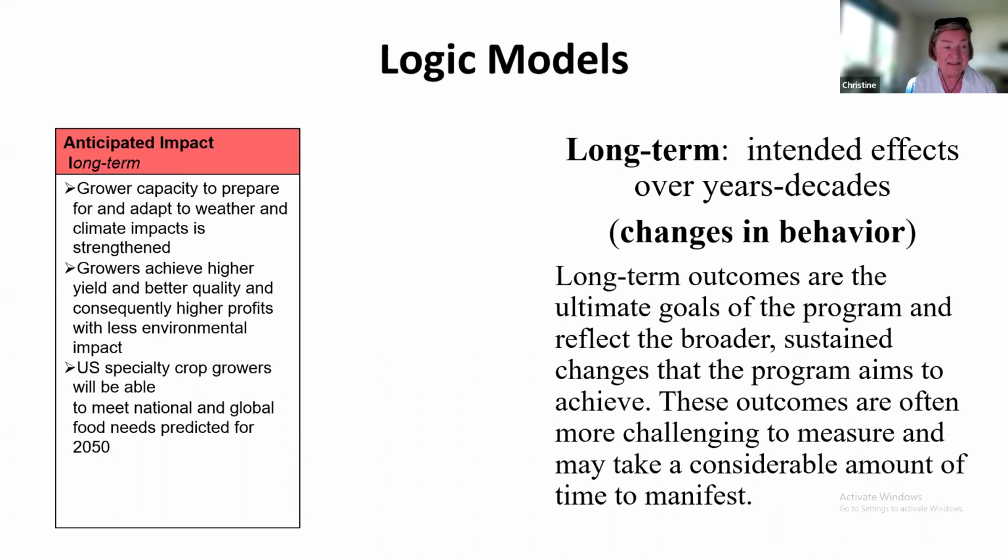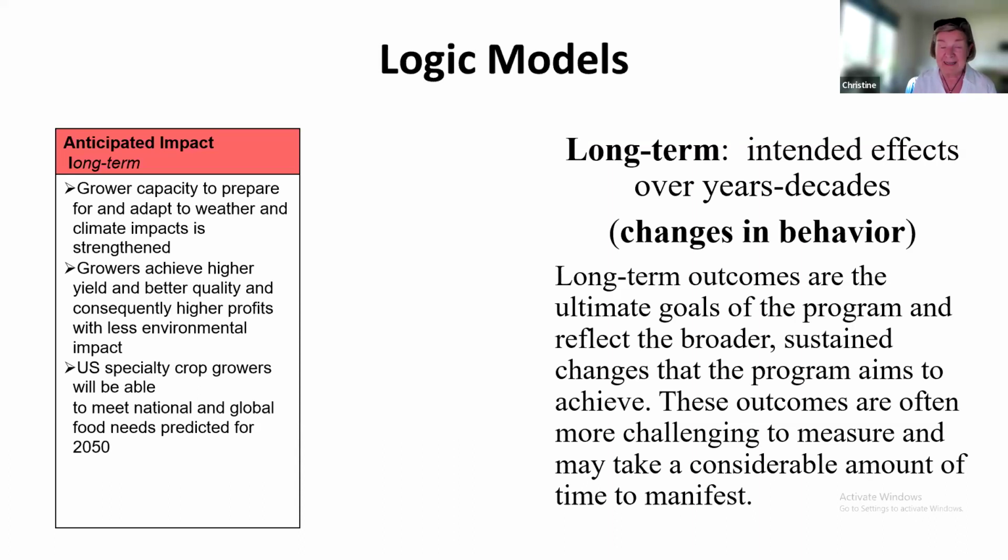Growers will achieve higher yield and better quality and consequently higher profits, while at the same time imposing a lower negative environmental impact on their land and on the environment in general.